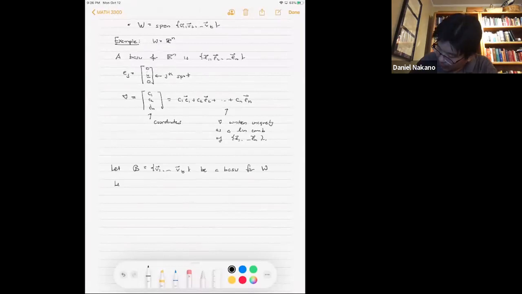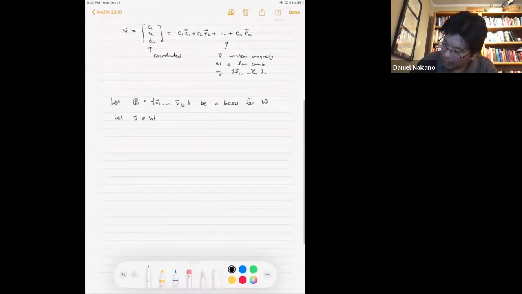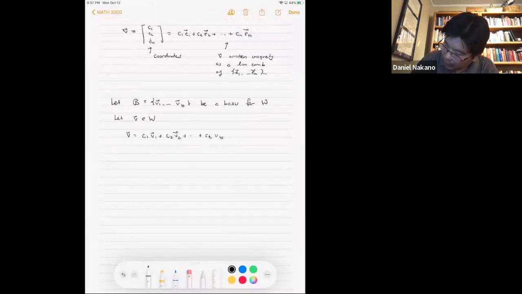So now let v be in W, and v is equal to c1 v1 plus c2 v2 plus up to ct vt.